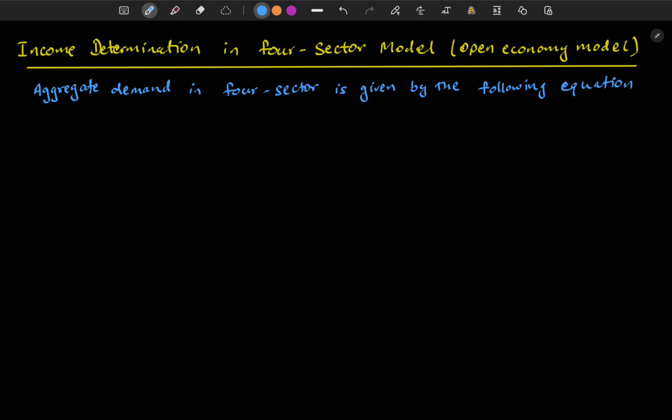To determine income in the four sector model, we are going to use very similar steps to those we used in the three sector model. We will use the consumption function and the import function, and we will substitute these two functions in the aggregate demand function of the open economy. Before I start, let me write down the aggregate demand function in the four sector model.